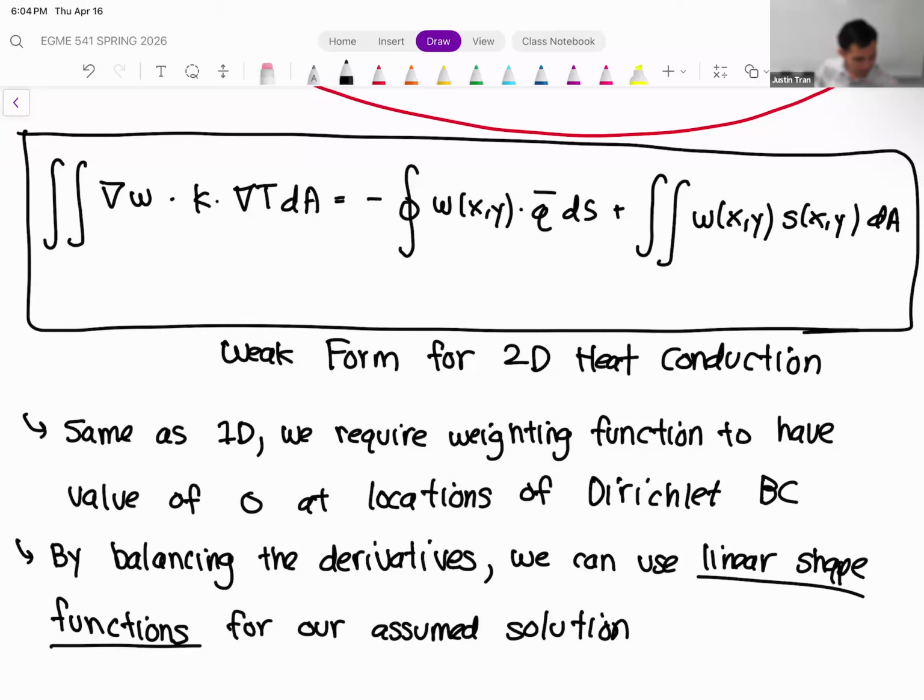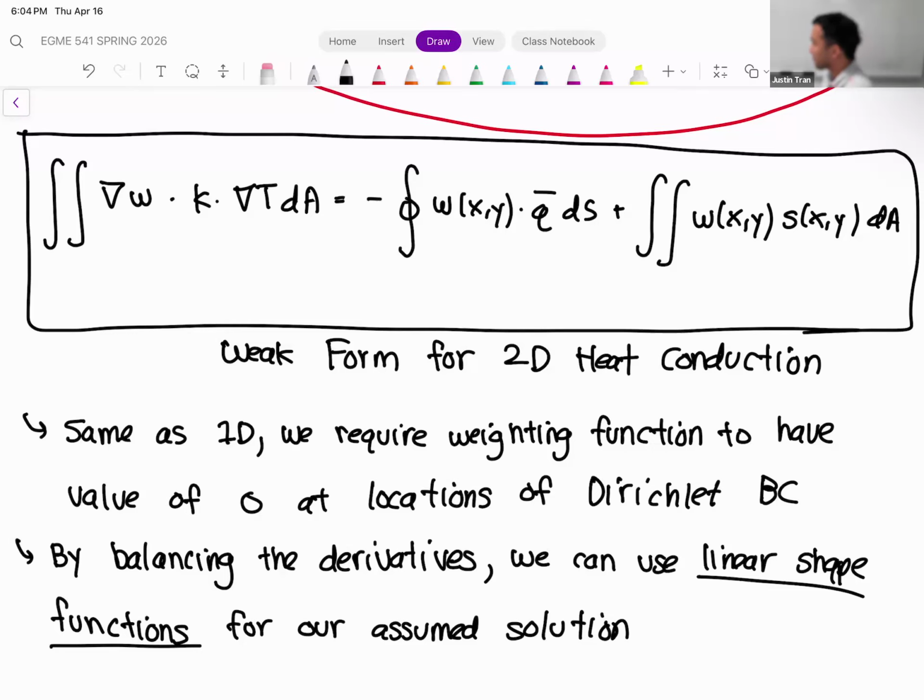Right, and so that's what we're going to focus on. Not that quadratic shape functions are bad in any way. They're just kind of too much of a hassle for us to handle in this class.